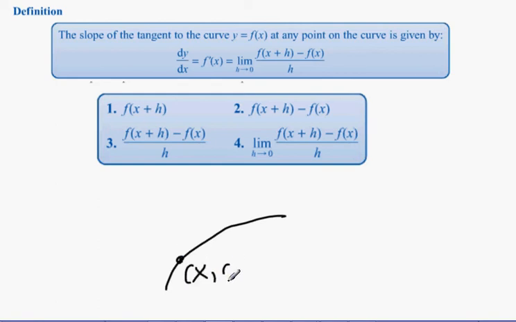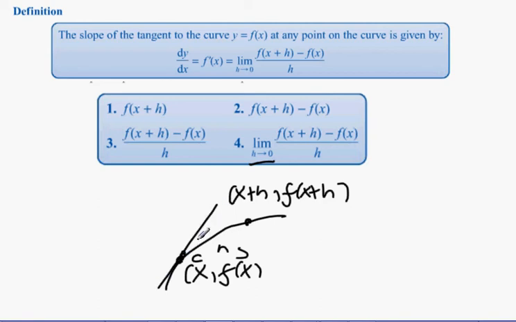This is x and f of x. This one here is x plus h and f of x plus h, and h represents the horizontal distance between x and x plus h. When we make this very small, they get closer and closer together, and then eventually represent the slope of the tangent.